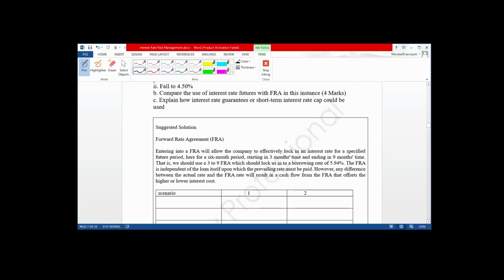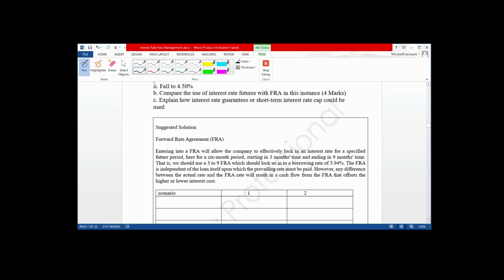This allows the company to lock in an exchange rate for a future specified period. In this case, a 6 months period, starting in 3 months' time and ending in 9 months' time. That is, we should use a 3 to 9 FRA, which should lock the company into a borrowing rate of 5.94%.